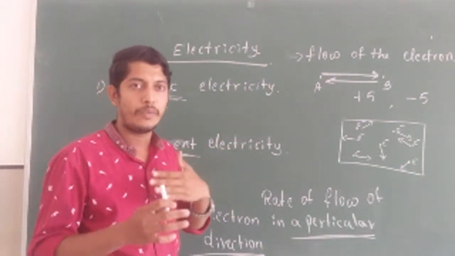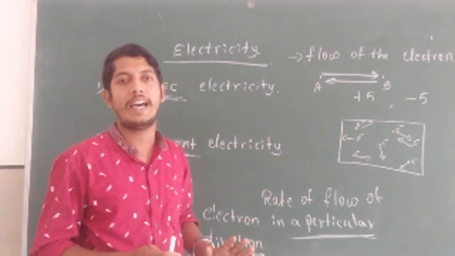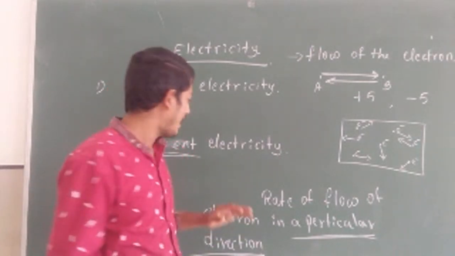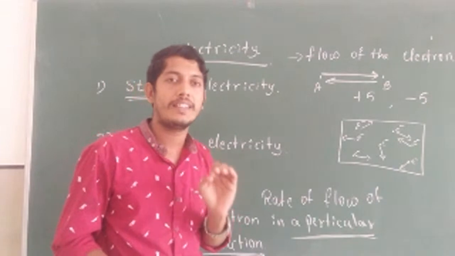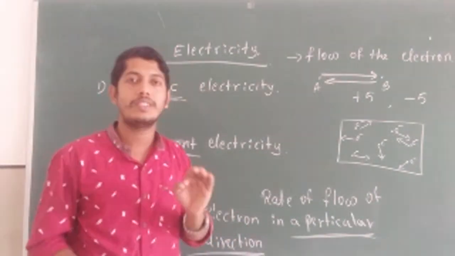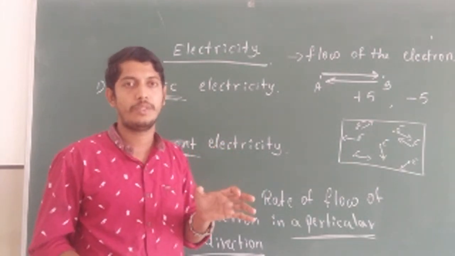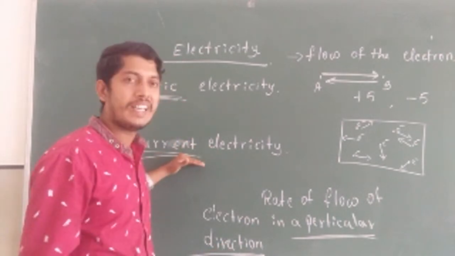That means the charges are flowing from one direction to another. Based on time, we calculate the electricity, and that is known as current electricity. Current means the electrons are moving, and static means the electrons are at rest. So one is rest electricity and one is moving electricity.